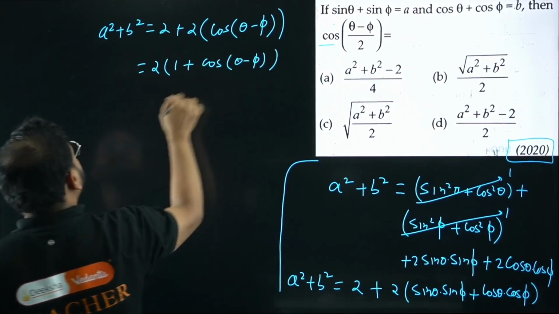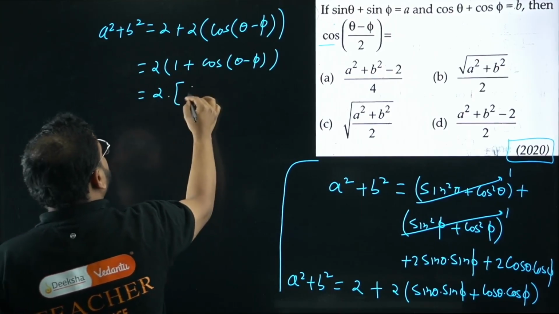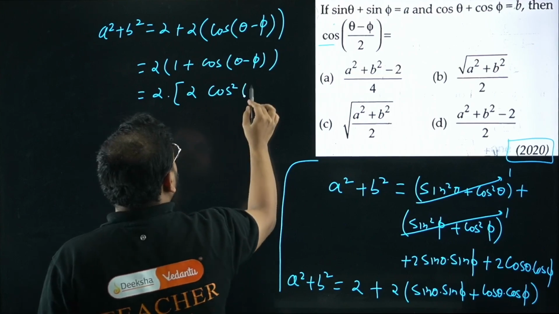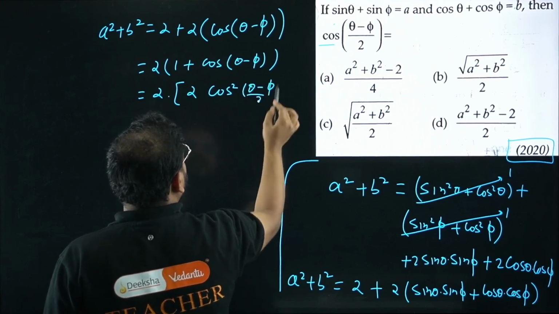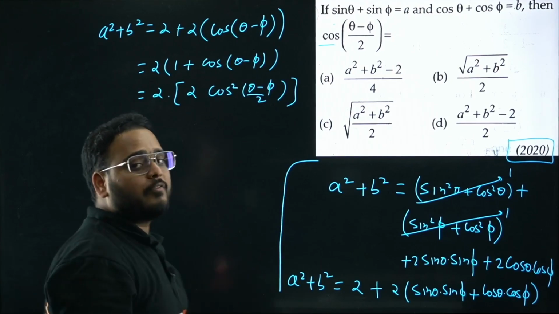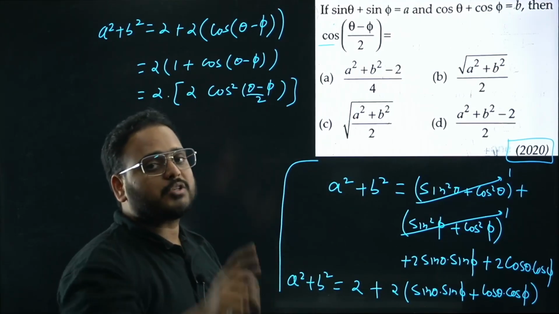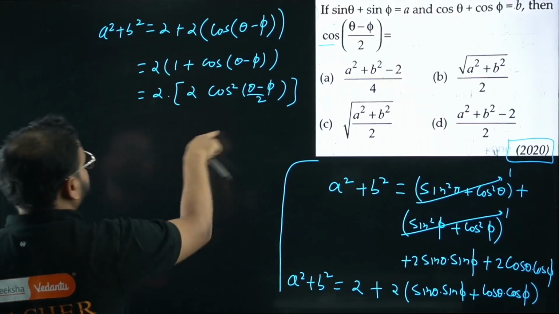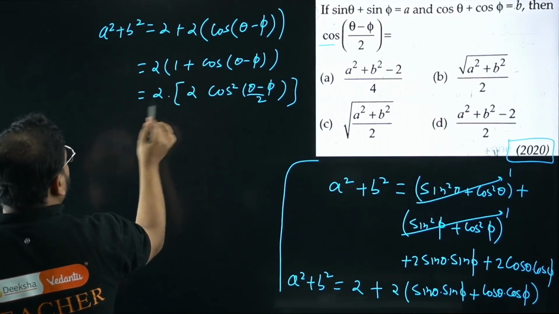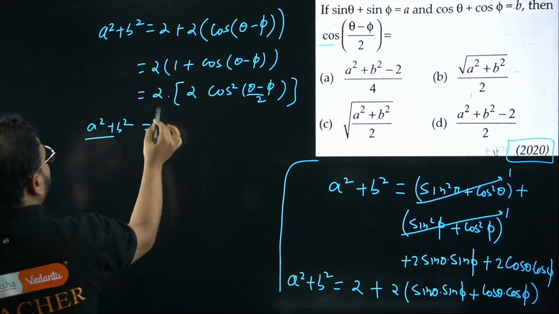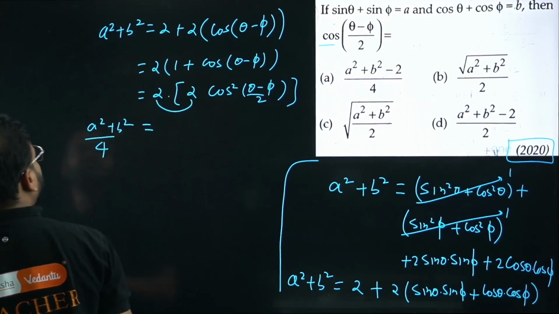There's a formula for this. What is the formula, sir? 2 cos square of theta minus phi by 2. Have a look, formula of cos 2 theta is 2 cos square theta minus 1, so 1 plus cos theta is 2 cos square theta by 2. So I have A square plus B square equals 2 into 2, which is 4, times cos square of theta minus phi by 2. I will move this on this side.